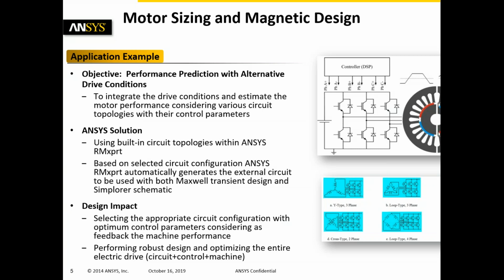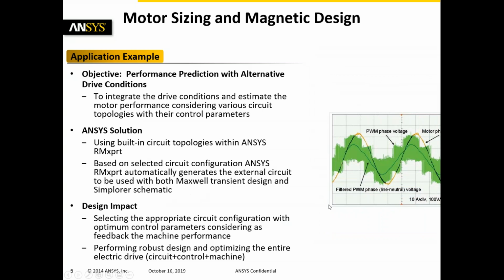The design impact of this example would be selecting the appropriate circuit configuration with optimal control parameters, considering the machine's performance as feedback. Also performing robust design, optimizing the entire electric drive as a circuit plus control plus motion kind of analysis.